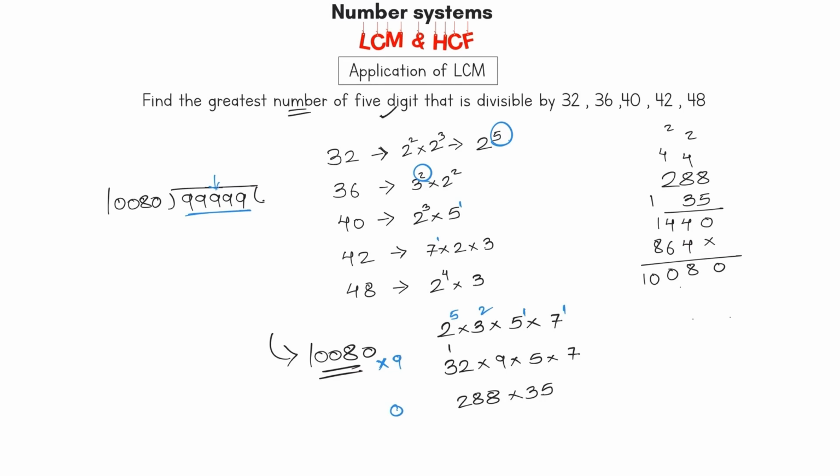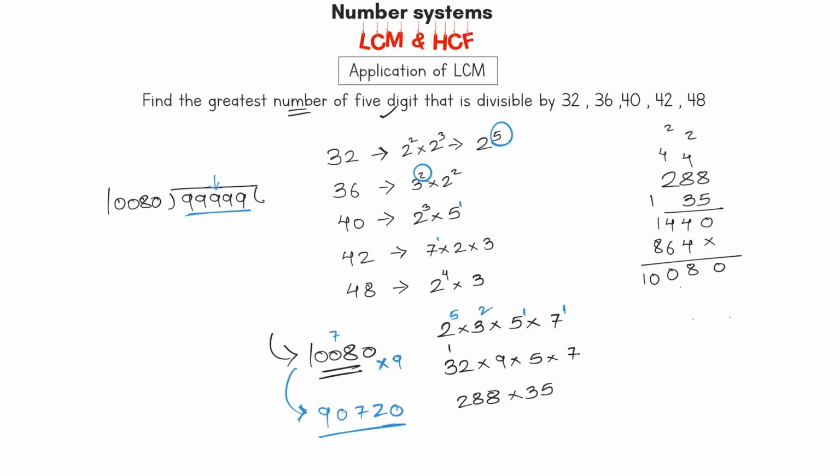So just multiply this. 9 into 0, 0. 9 into 8 is 72. So 7 comes here. 9 into 0, 0. 90720. Because you know that it has to be in the range of 90,000. If this is in the range of 10,000 and I multiply this by 10, it will not be the greatest number of 5 digits. It will be more than a lakh, which I don't want.